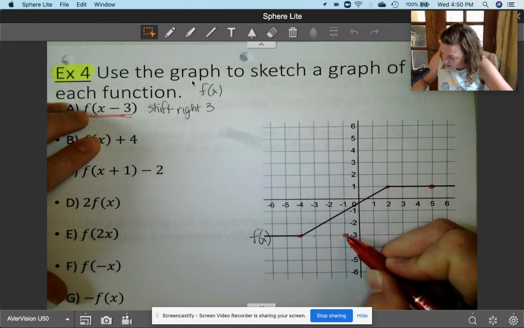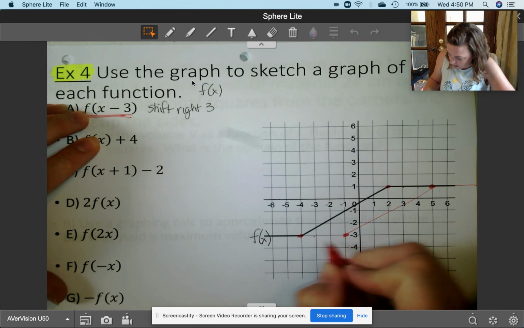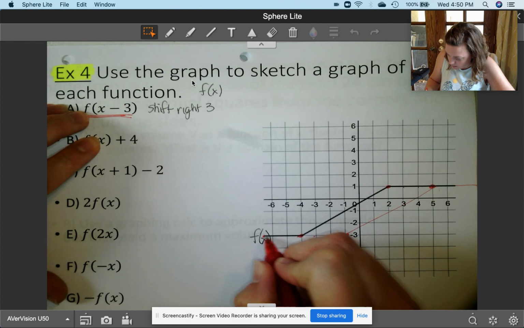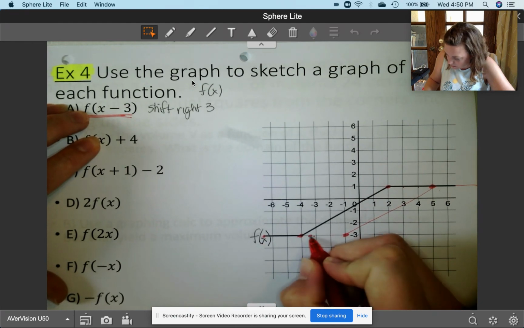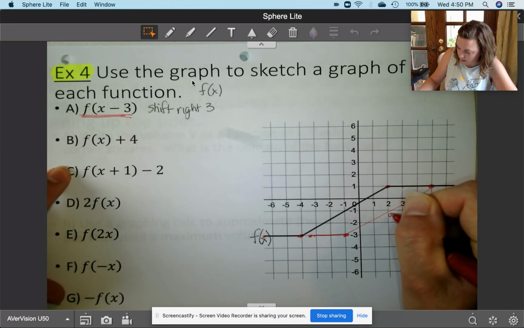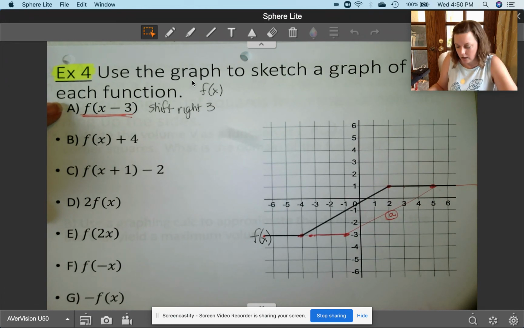So this graph got shifted over, and it's not fantastic, but I'm going to label it with the letter A there. So there you go.